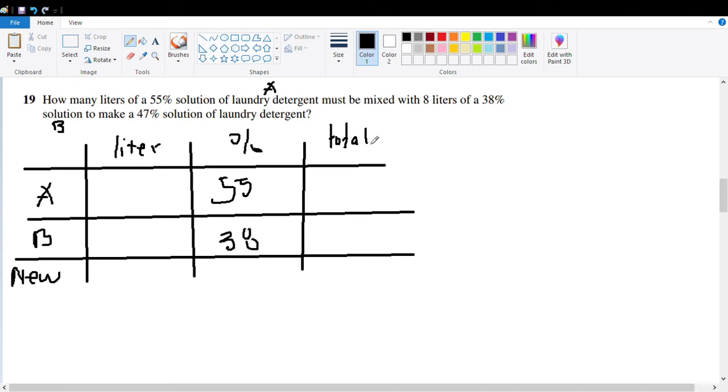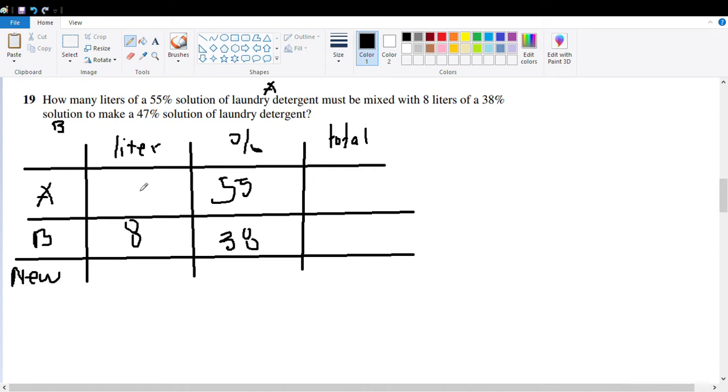Now for B, our detergent B, it says that we have 8 liters, but we don't know X, right? We don't know the liters of A because that's basically the question. How many liters of A do we put to B to get our new detergent?